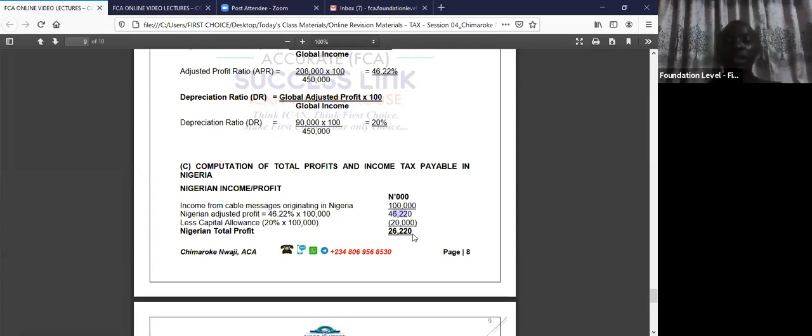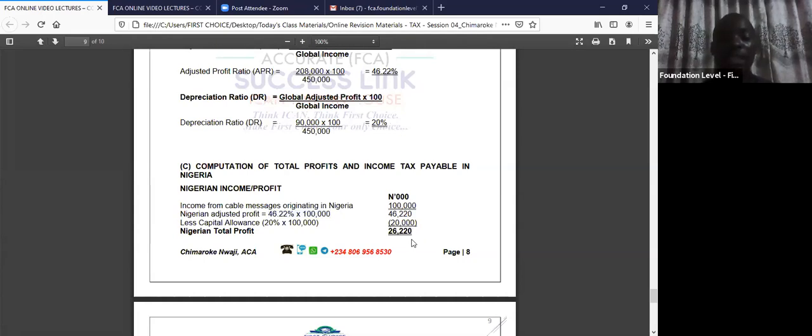So in other words, for total profits, we are not looking at the percentage of profits to income. We are just looking at, if the adjusted profit is 46%, what is going to be your Nigerian adjusted profit? 46,220. From here you are lessening your capital allowance, and this is what you are getting.